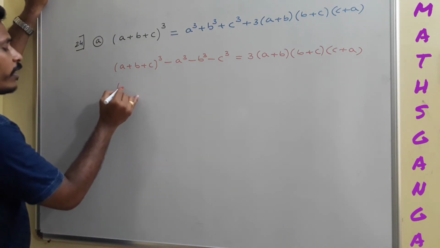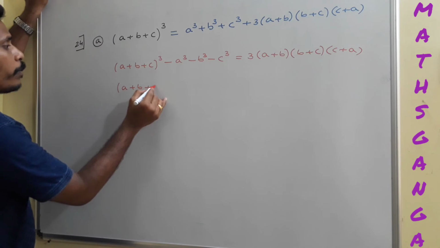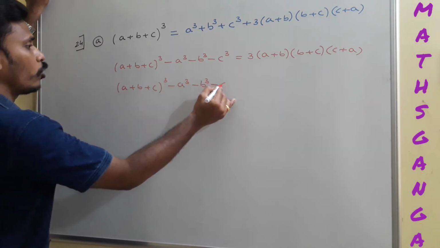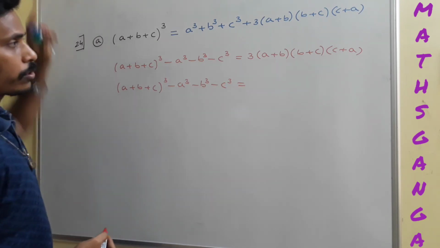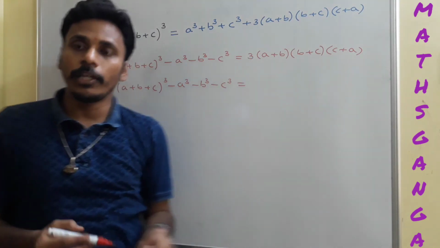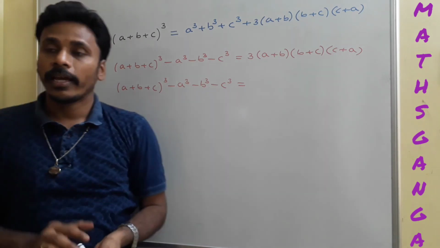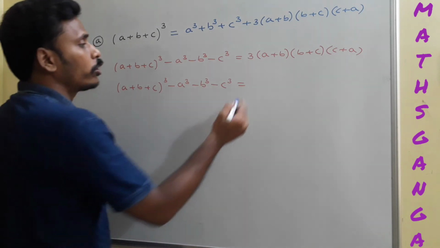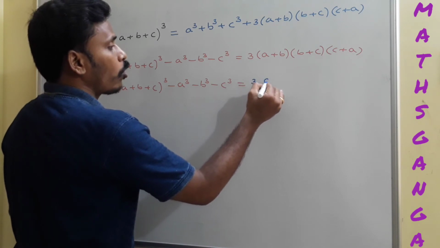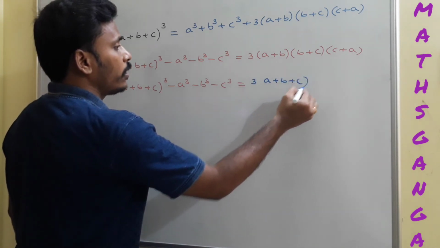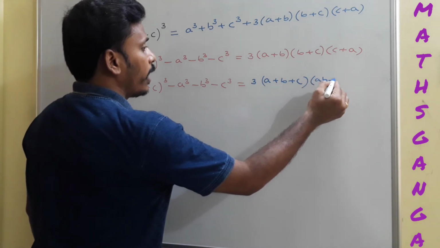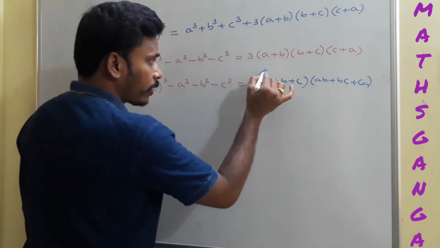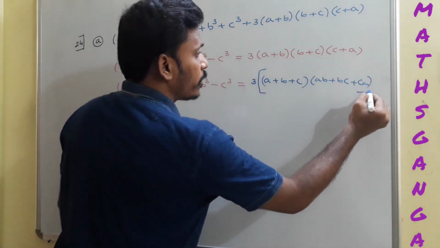And again I will rewrite it like this: a plus b plus c whole cube minus a cube minus b cube minus c cube is equals to 3 times of a plus b into b plus c into c plus a, which can be written in many other ways. One possibility is 3 times of a plus b plus c into ab plus bc plus ca, minus abc.